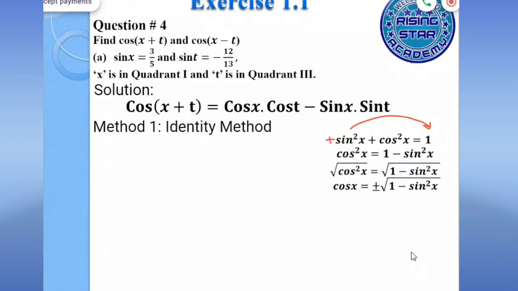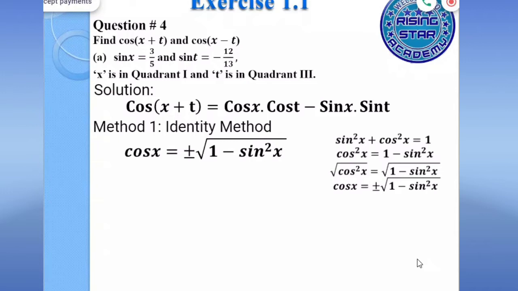Now I would put the value of sine x into this function to find the value of cos x. So cos x is equal to plus minus square root of 1 minus the sine value, which is 3 over 5, squared, because sine square x is equal to sine x whole square.